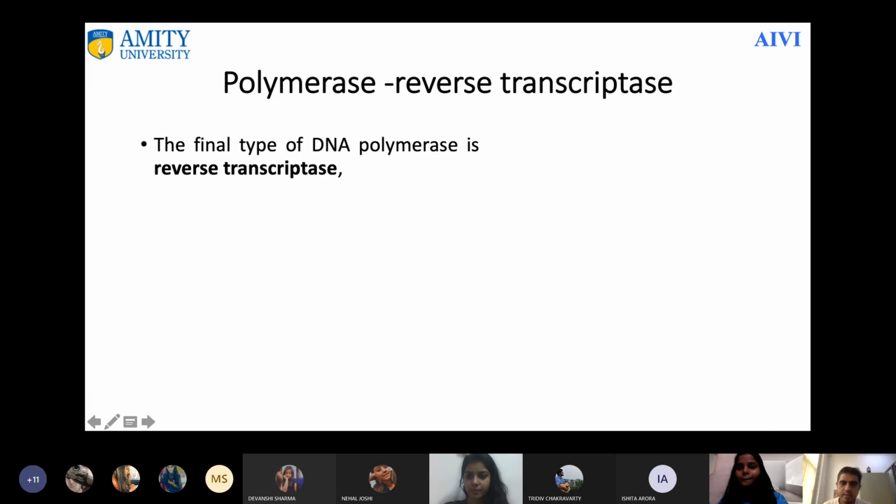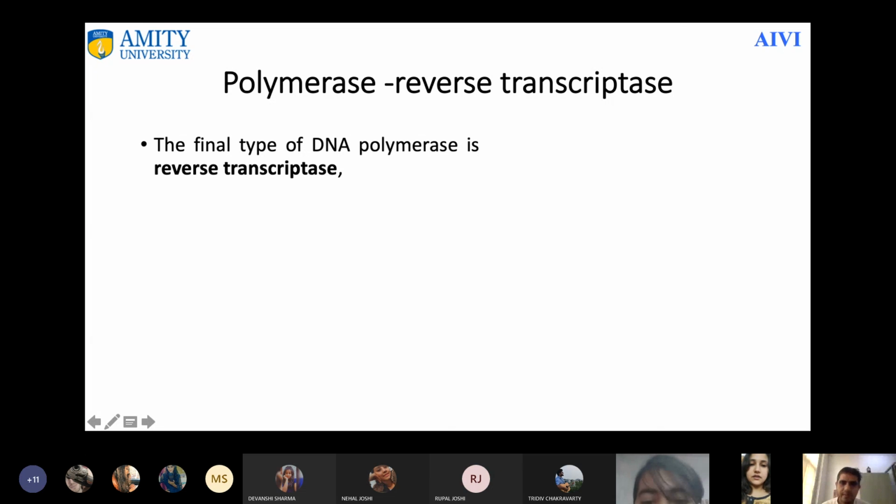Janvi, present, sir. Shivani, present, sir. Shakti, present, sir. Rupal, present, sir. Sahiba, Ishita, Namrita, present, sir.